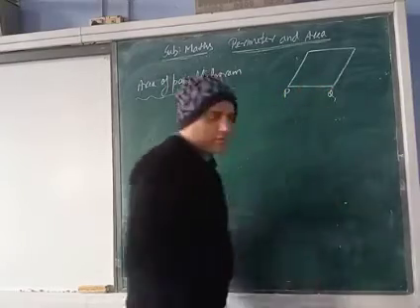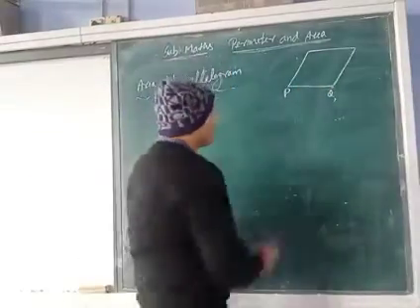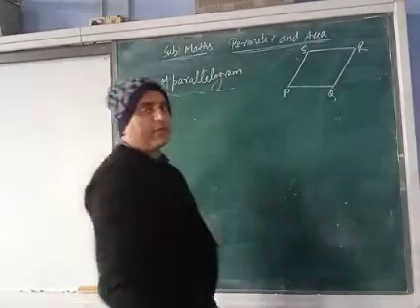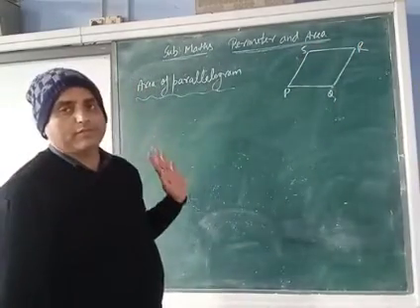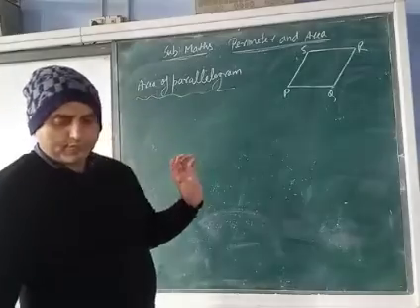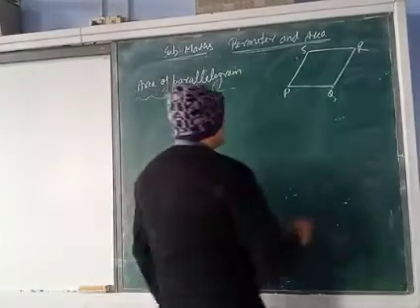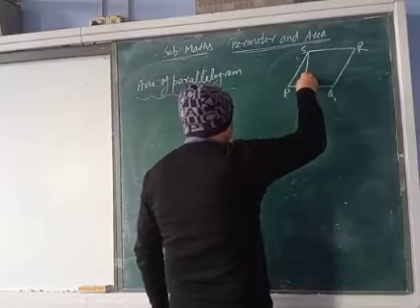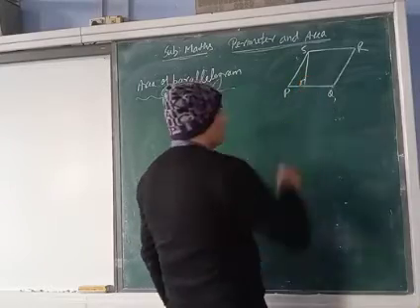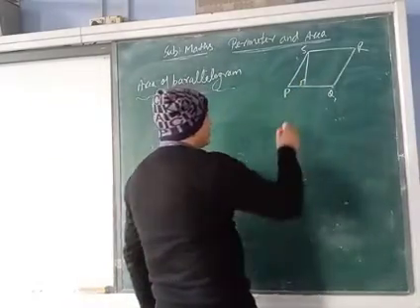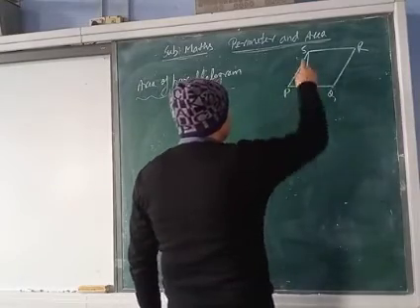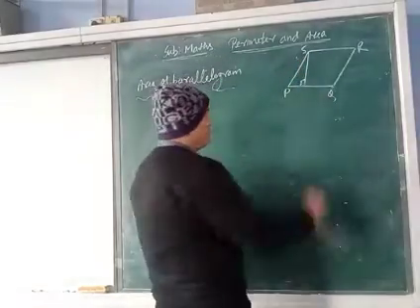Let this be a parallelogram PQRS. We have to find out the area of this parallelogram. You have to know that first of all you draw a perpendicular from any vertex to any side. Then we draw a perpendicular to side PQ from vertex S.